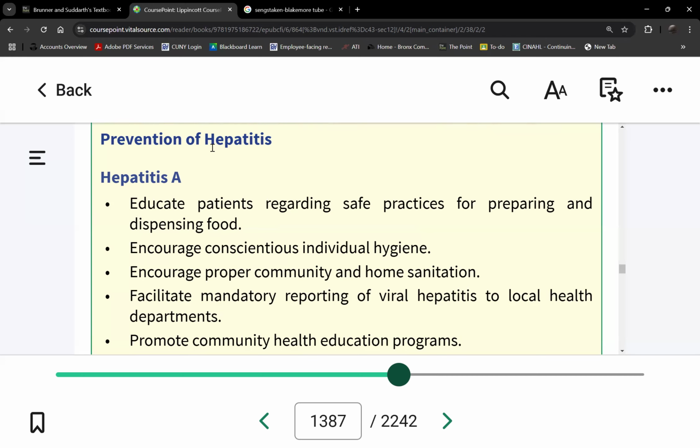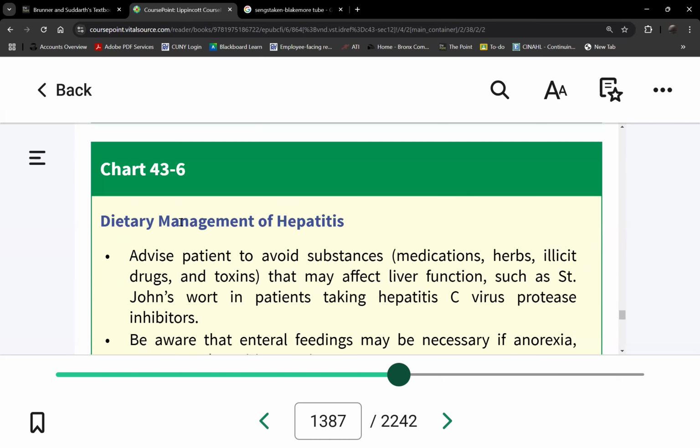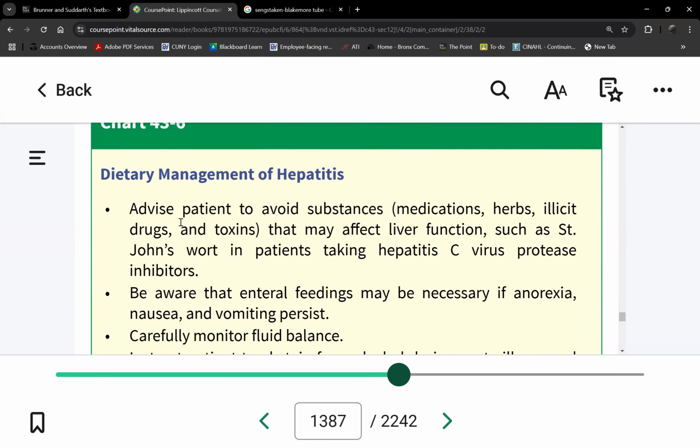Yes, so the answer would be A, B, and D. Because you can't get D unless you're infected with B. Meaning D needs B in order to enter body cells. Otherwise it's useless. You get exposed to D, there's no B, it can't infect you. Impossible, because it can't enter the cell without the assistance of B.